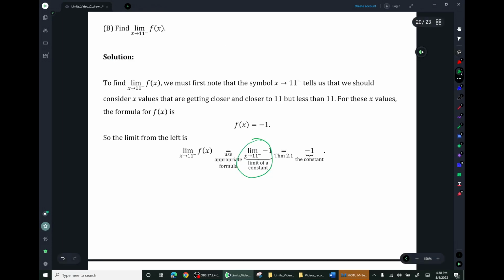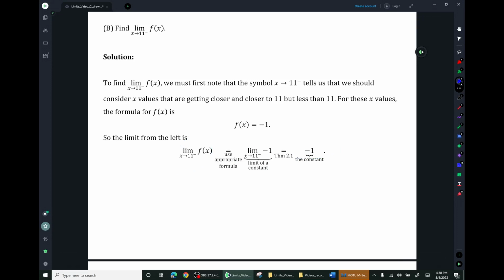So back to our limit computation, here we have the left side of Theorem 2.1. We have the limit of a constant. Theorem 2.1 says we can just simply replace that whole thing with the constant itself. So that number -1 that was sitting there is what we put there. So we found that the limit as x approaches 11 from the left of f of x equals -1.